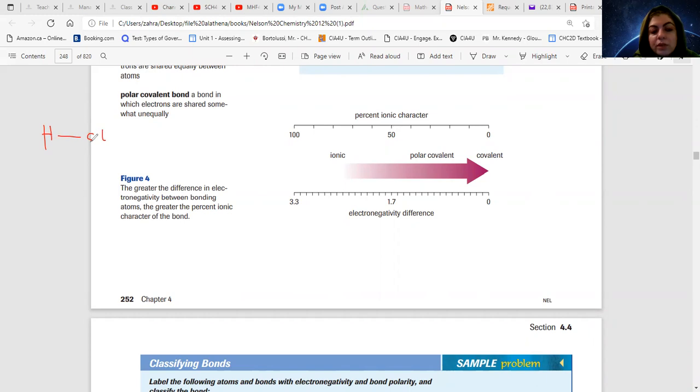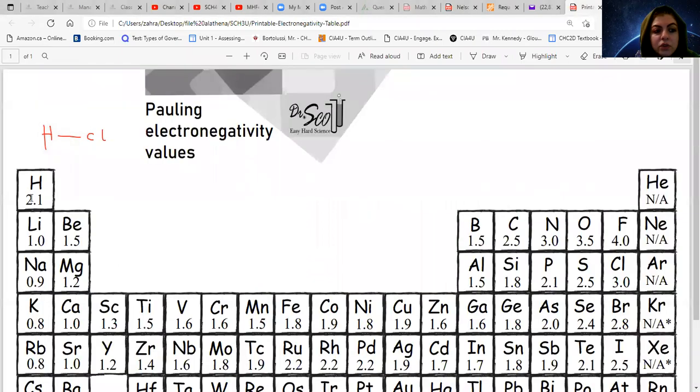Cl is more electronegative than H. Look at the electronegativity table. The electronegativity of H is 2.1, and for Cl is 3. So the difference between their electronegativity is 3 minus 2.1.